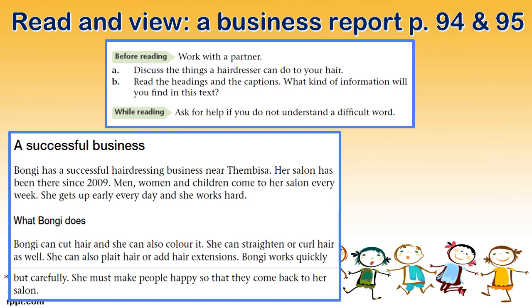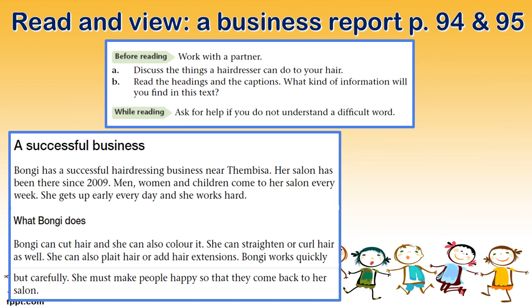So here we go. Bongi has a successful hairdressing business near Tembisa. Her salon has been there since 2009. Men, women and children come to her salon every week. She gets up early every day and she works hard. What Bongi does. Bongi can cut hair and she can also color it.